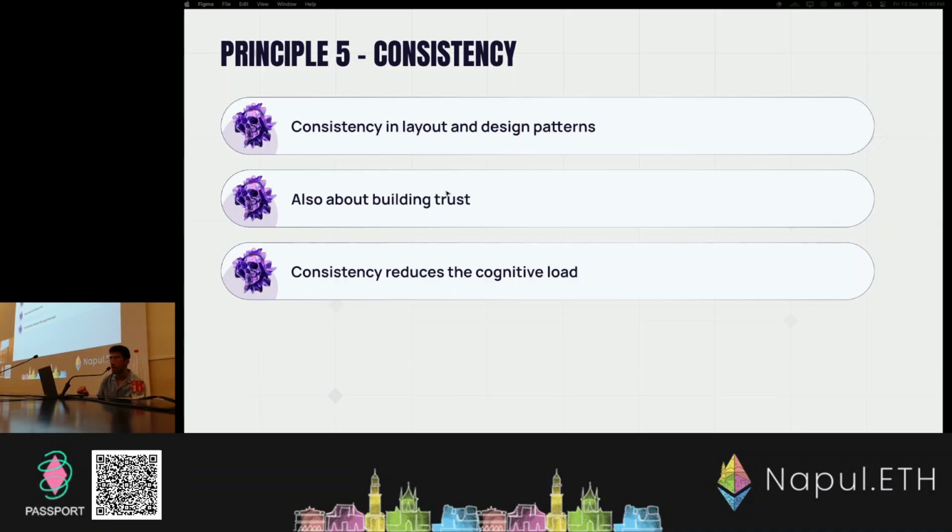So the more predictable your interface is, the easier it becomes for users to focus on their task instead of figuring out the interface itself, because that's one of the problems I see with developers, that they think of design as a very creative thing. It's like a graphic thing. Oh, it should look good on this page, but it's not. UI UX is more about consistency, more about using the same patterns than about graphic design or making good art or aesthetics and stuff.